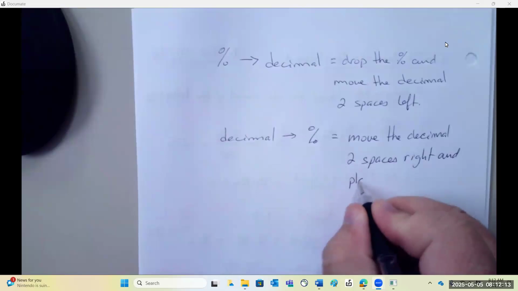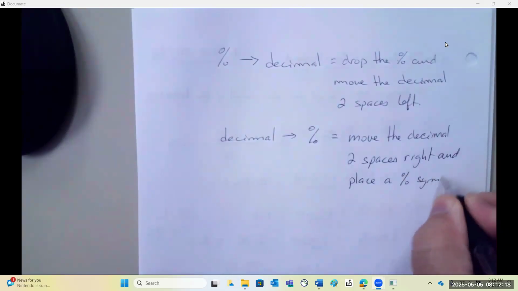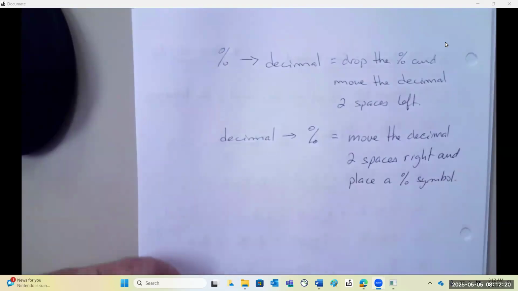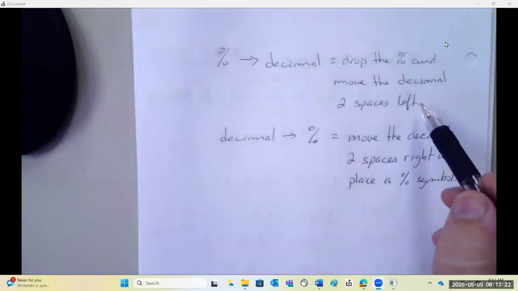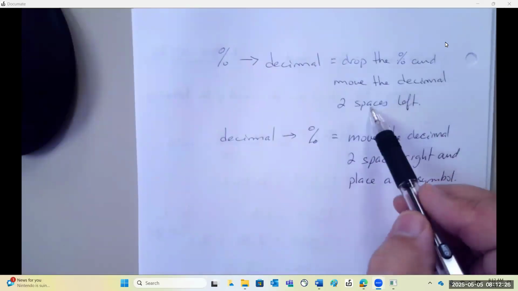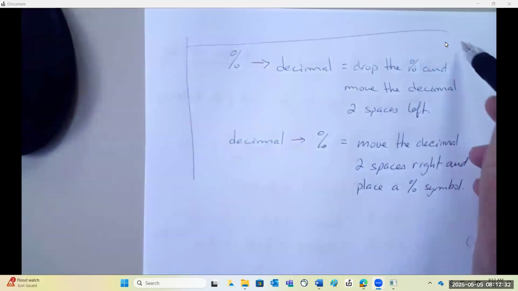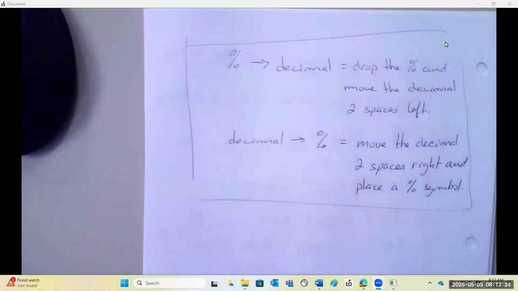And place a percent symbol. Because it's really the opposite. This one, you remove the percent and move it to the left. So the opposite would be move 2 to the right and put the percent back. So these would be your steps that they follow. And then you do a couple more examples.